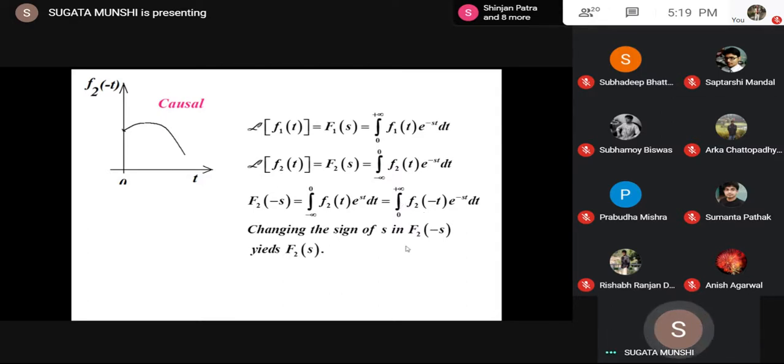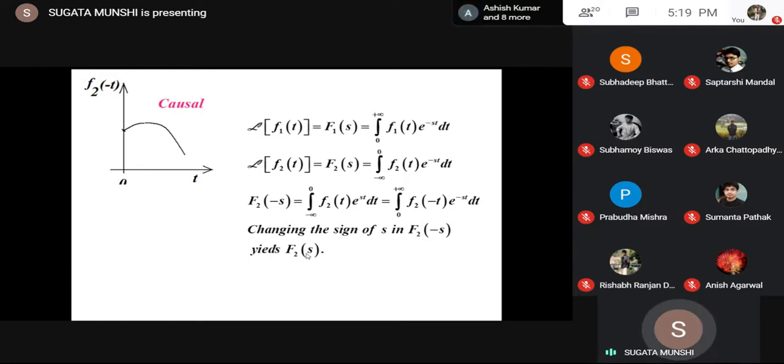It represents capital F2(-s). Thus, the unilateral Laplace transform of f2(-t) is nothing but capital F2(-s). Once you get capital F2(-s), just by reversing the sign of s in the expression, you will get capital F2(s).